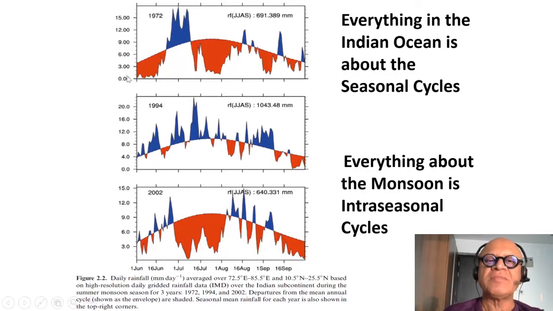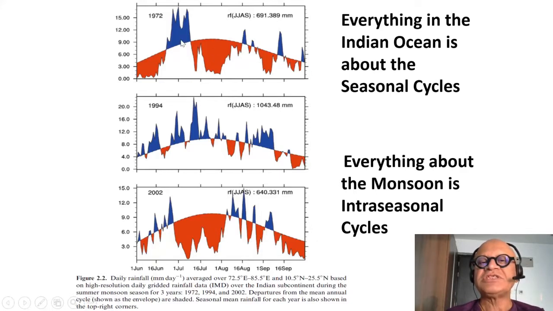You can see here multiple years are shown with the climatology of long-term mean being shown as this envelope here, and over that you have red, which is below that long-term average, and that is called a break period when the rainfall stops for a few days to a few weeks, and it is blue here, which is above, which are called active periods where it's raining over the so-called core monsoon zone, for example, over the central India Gangetic Plain and Indo-Gangetic Plain as it is referred to.